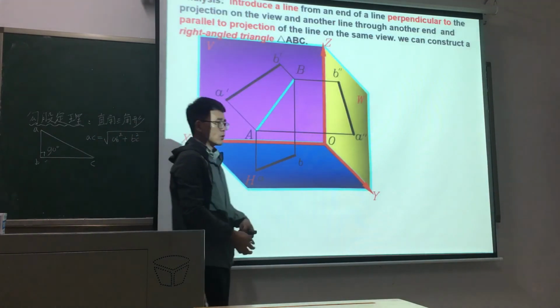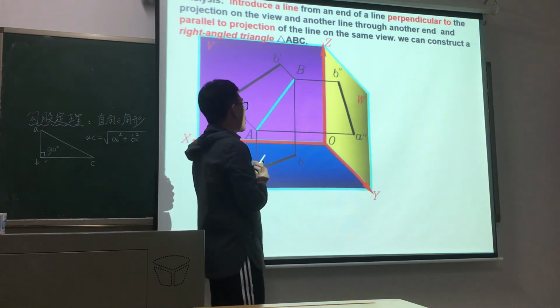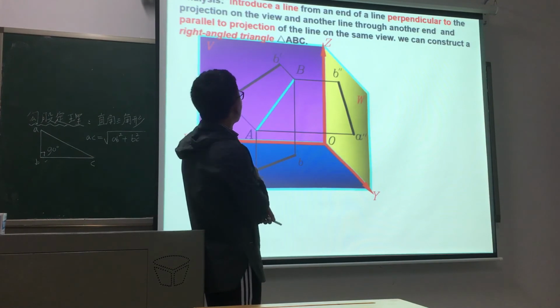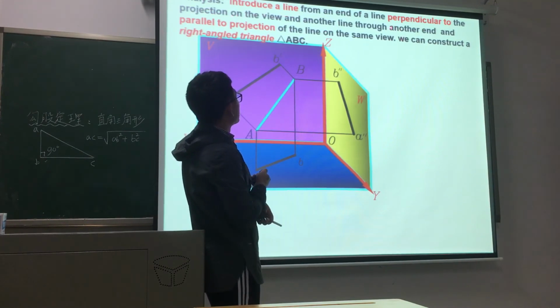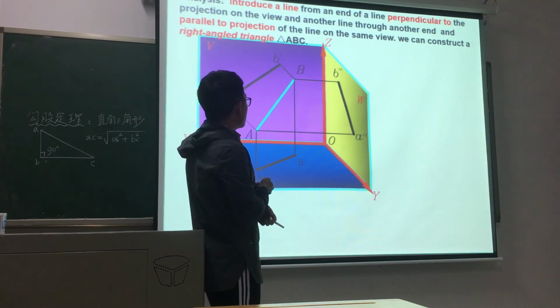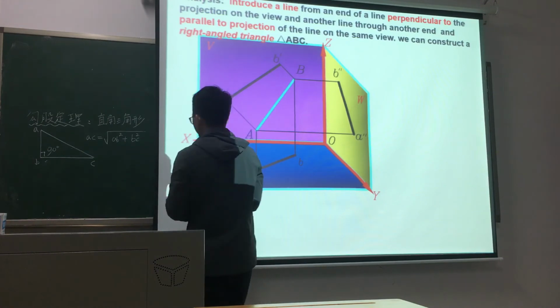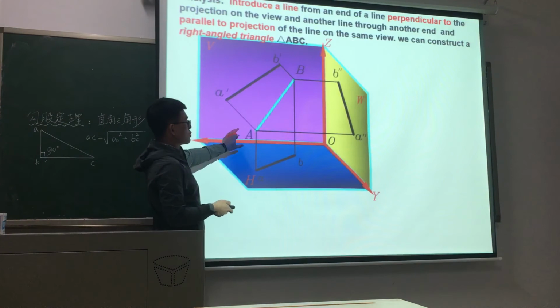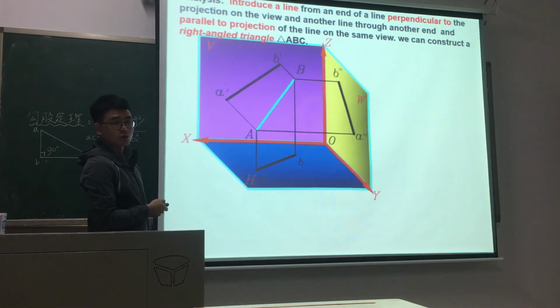From this picture, we show you how to get the true length and the true angle. If you have a line here with a three-way projection, which line is this? It is an oblique line, because it is inclined in the three kinds of projection.